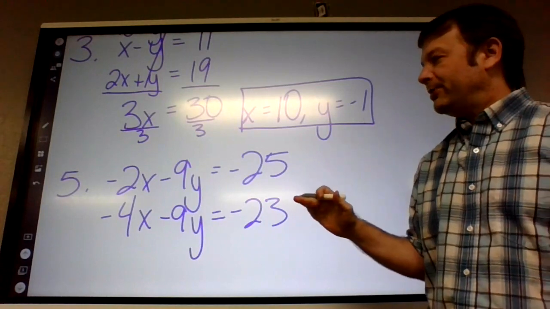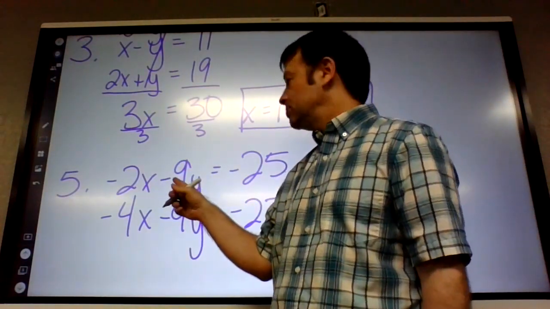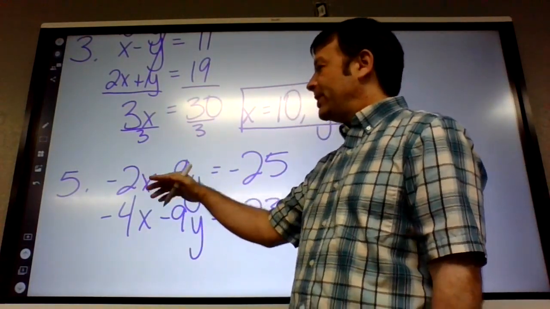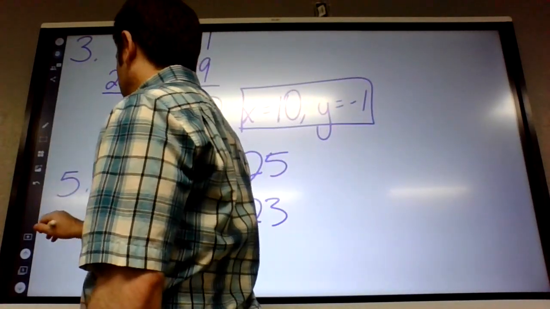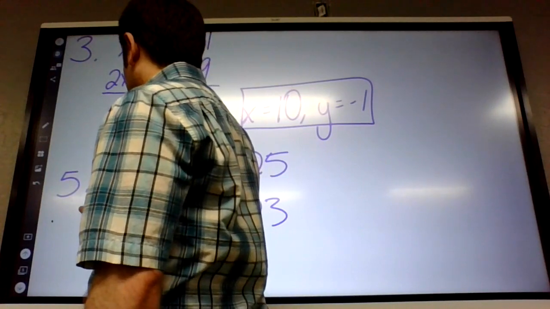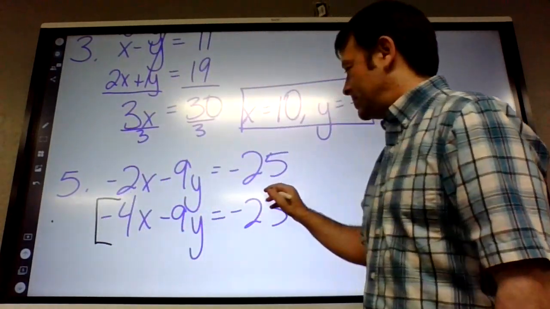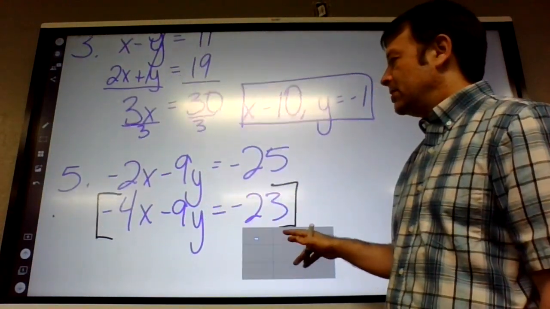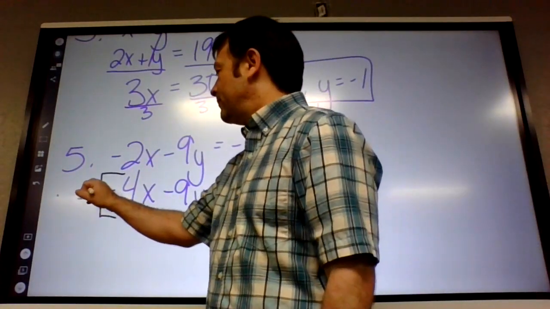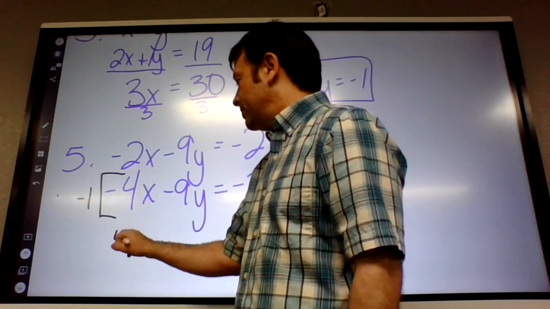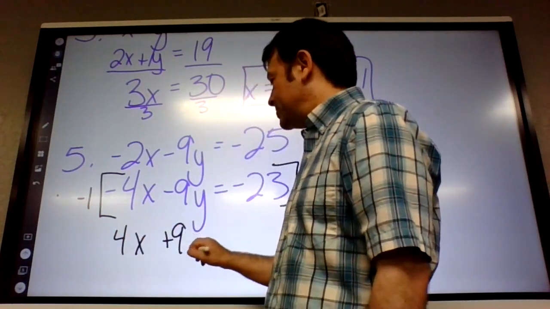Okay, multiply by negative 1. So you could either multiply the top or the bottom. We haven't done one of these yet, so we'll start with that. Multiply one of these lines by negative 1, because when I do that, this bottom line would become plus 9y.